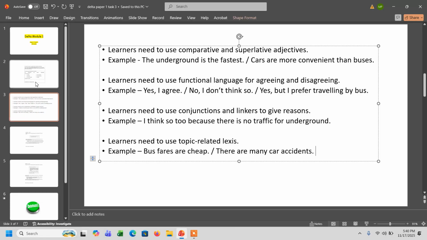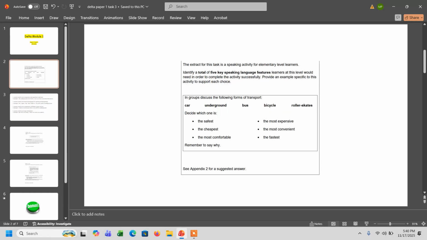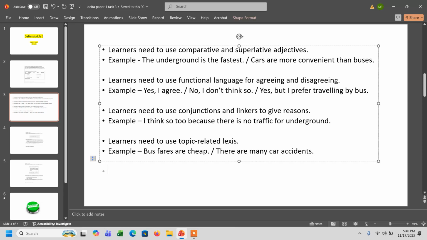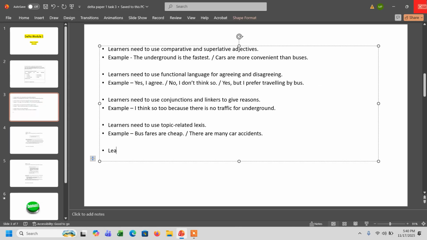What else? This is the group discussion. So yeah, they need to ask other people. Like this is what we call turn taking. So learners need to use turn.